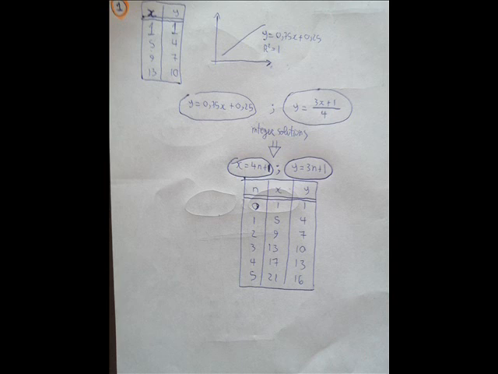We can see the table. For example, for n equals 0, we have x equals 1, y equals 1. For n equals 1, we have x equals 5, y equals 4, and so on.